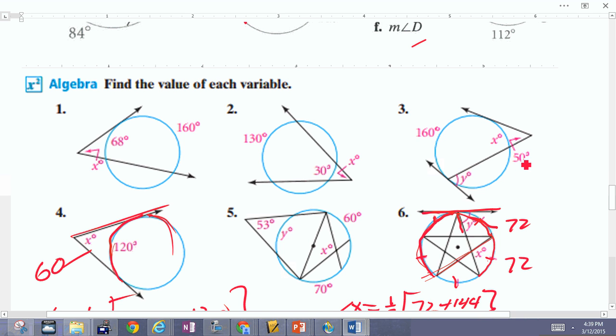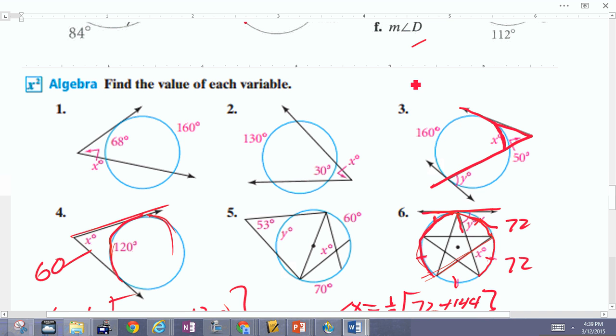Okay. So what we have here is we're looking for the arc X. The arc X is going to be, we're going to have to look at the angle out here, which is 50, which is an exterior angle.